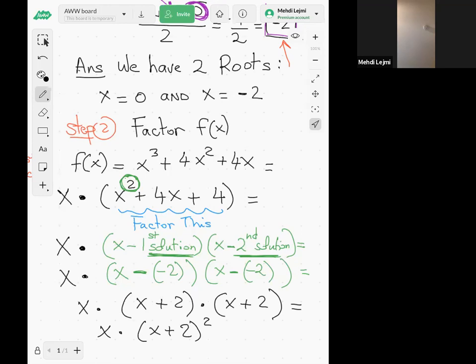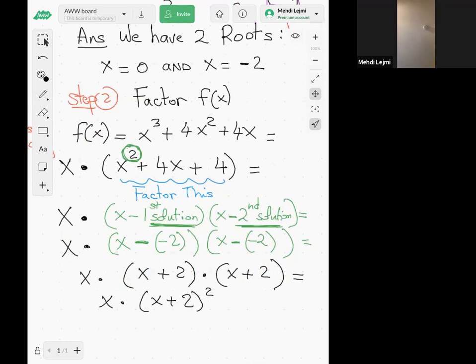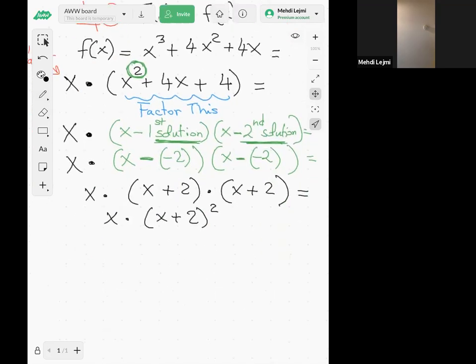So once you factor, now I can find the multiplicities. First, we want to find the multiplicity of x equal to 0.